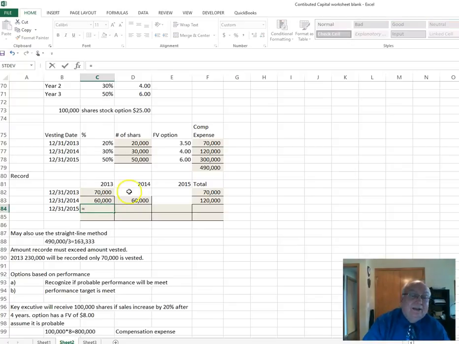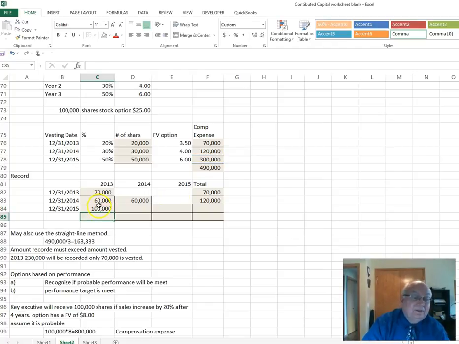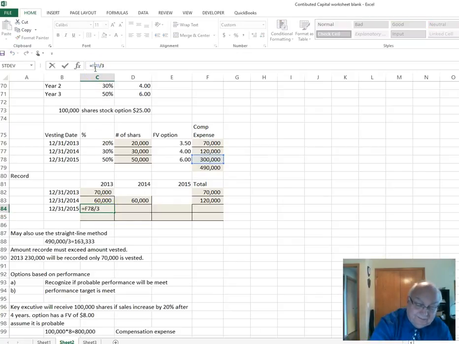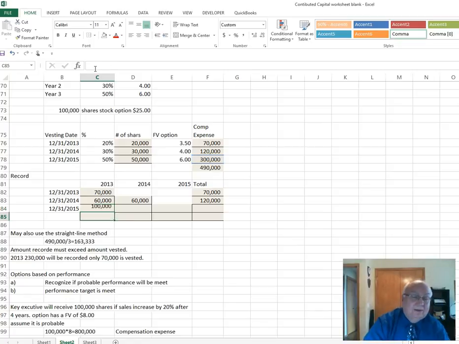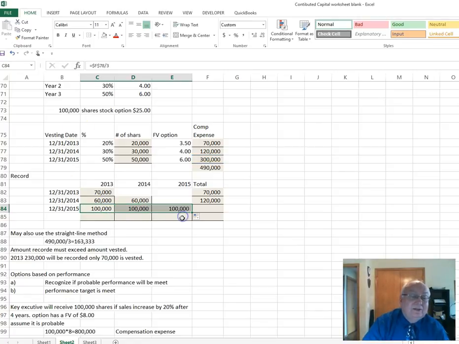Let's try that again. The $300,000 divided by 3 is $100,000. Okay. So it takes 3 years to get fully vested. So that's $100,000 each year, which gives us a total of $300,000.